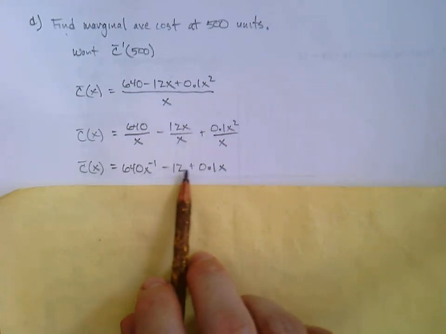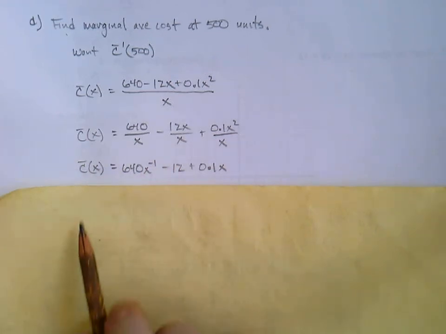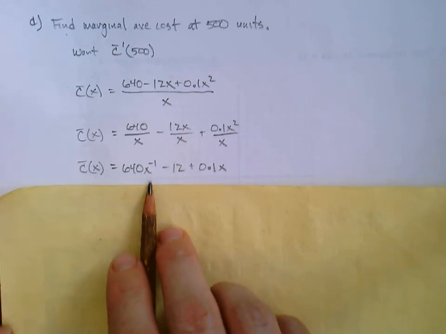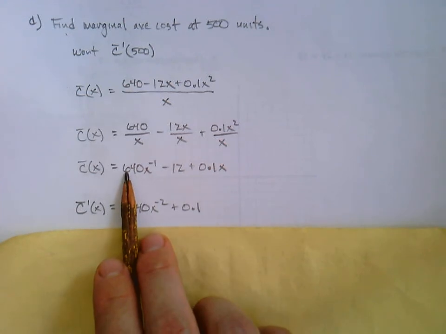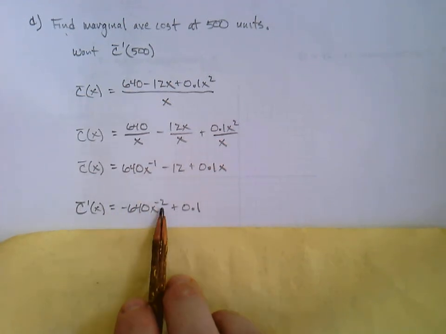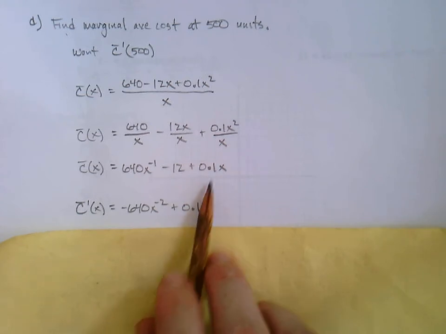And we get this, you could call that a simplified version of the average cost, allowing us to now take the derivative. So derivative here, the negative 1 comes down, the exponent drops, and that becomes a 0. Derivative here is just the 0.1.